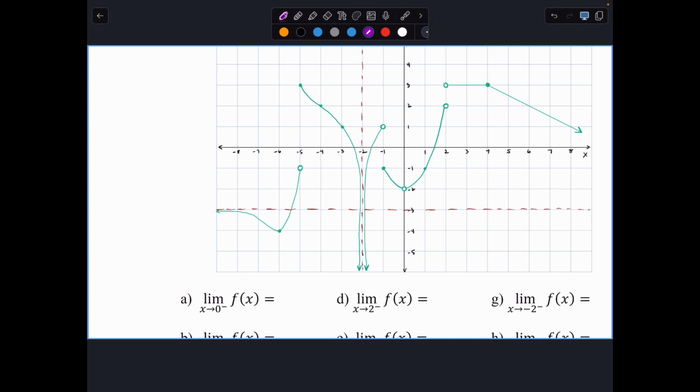So thinking about creating an open interval around 0, from the left it seems like the function is approaching... x is getting closer and closer to 0 from the left-hand side, and it seems like the y values for this function are approaching -2.